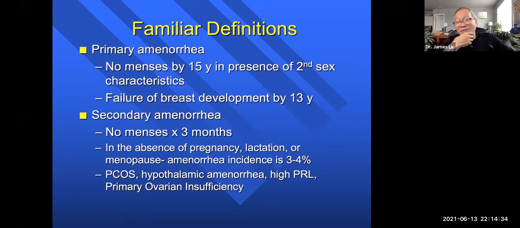It's under 5% for most populations. And the usual causes are polycystic ovarian syndrome, hypothalamic amenorrhea, which we'll talk about a little bit, the high prolactin individuals, and individuals with occult or induced primary ovarian insufficiency that you may come across.